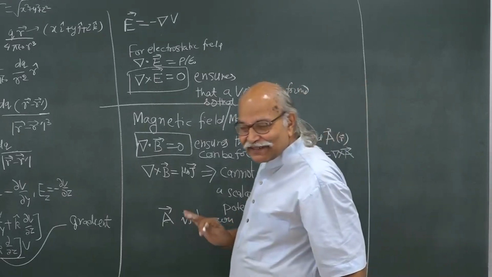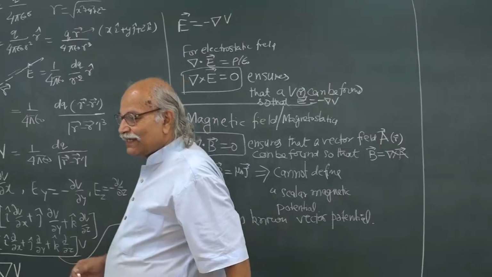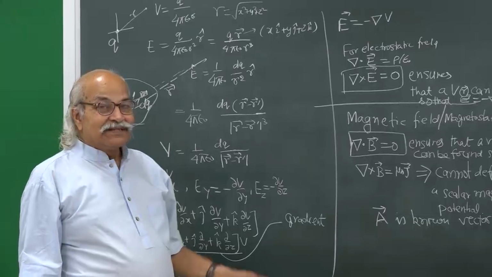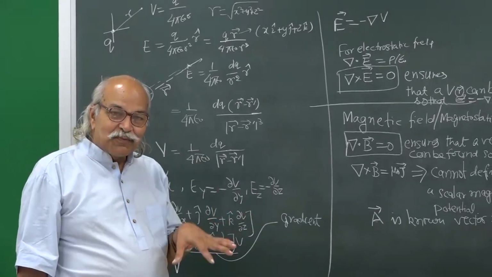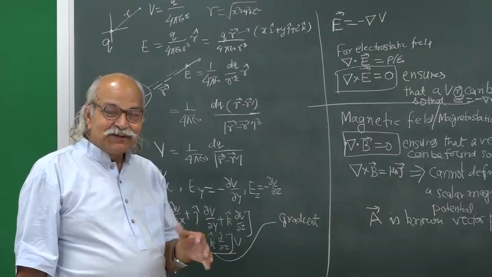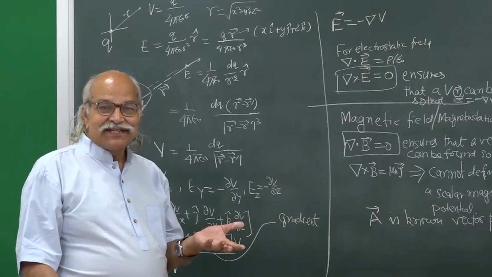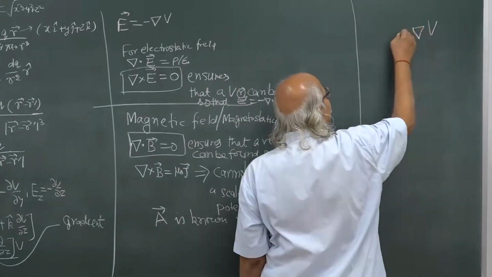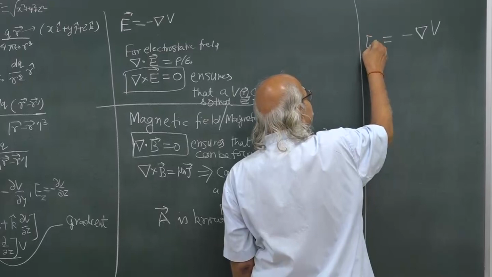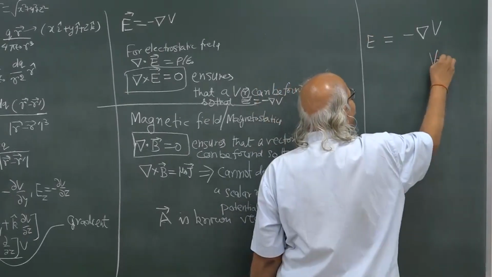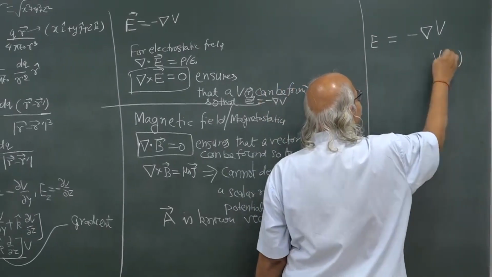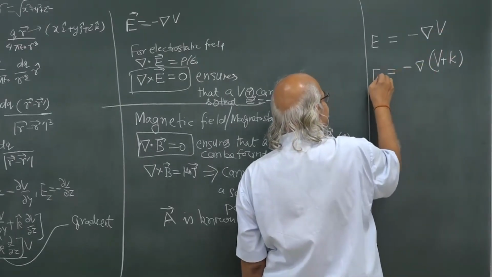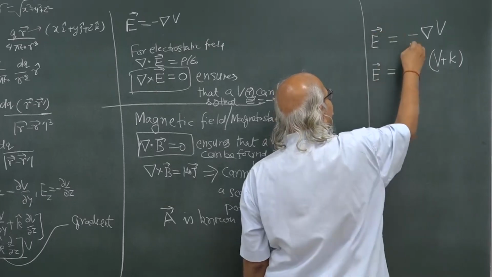And you know that yes, there are infinite functions for any given field, because the 0 of potential is your choice, you can choose it anywhere. Therefore, if you have this V, so that gradient of V with a negative sign is giving you E, you can add any constant to this V, and if you take the gradient you will get the same E, right.